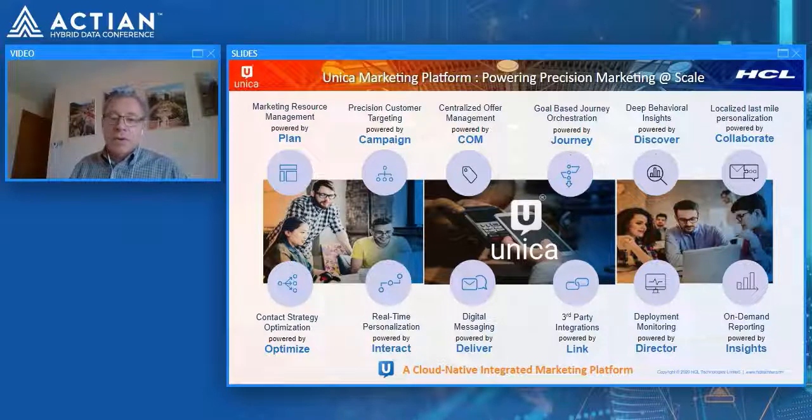So the core modules of Unica include Plan to manage marketing resources and workflows, Campaign for batch-oriented selection and segmentation, Optimize for hyper-personalization based on machine learning scores and business constraints, and then a real-time personalization engine called Interact.